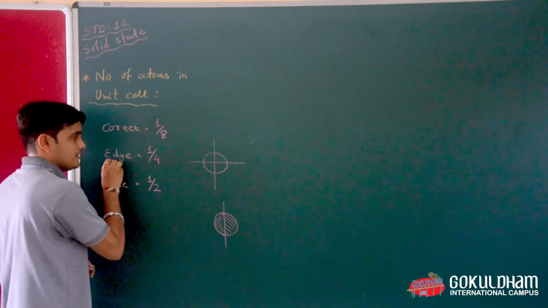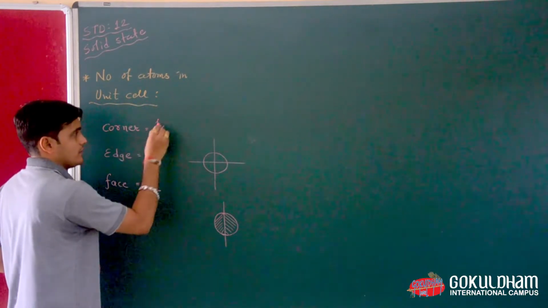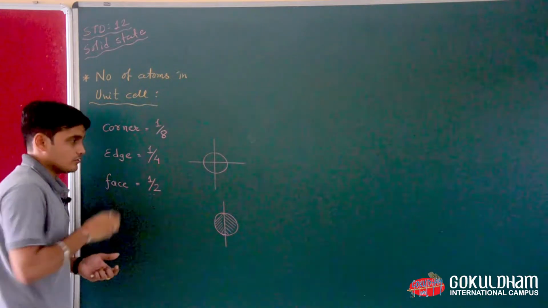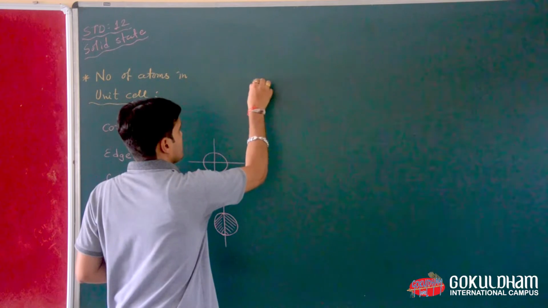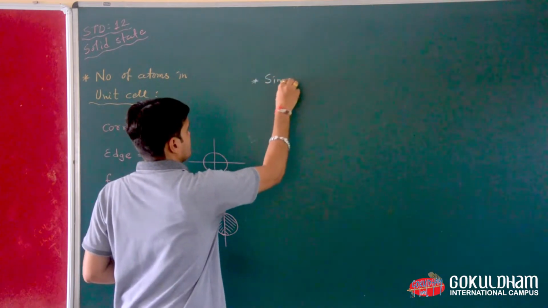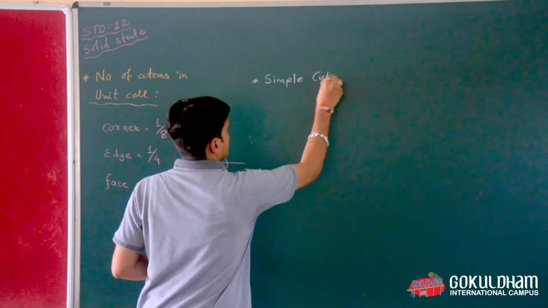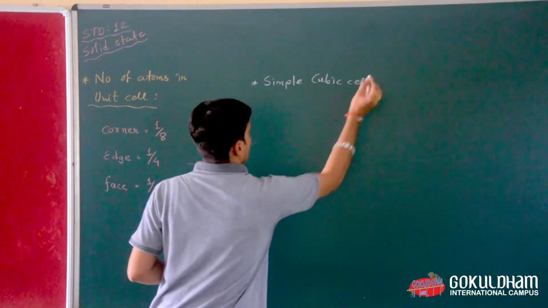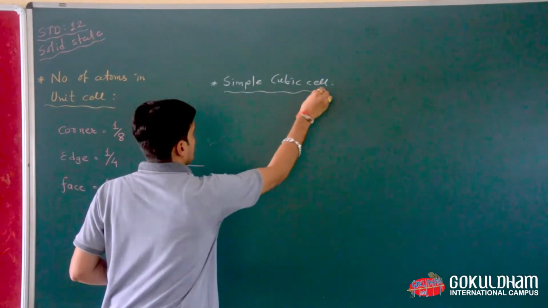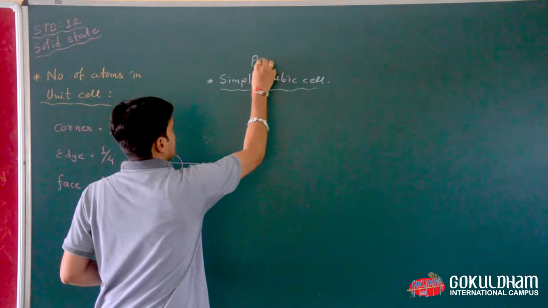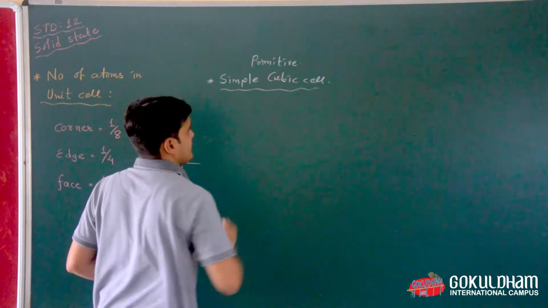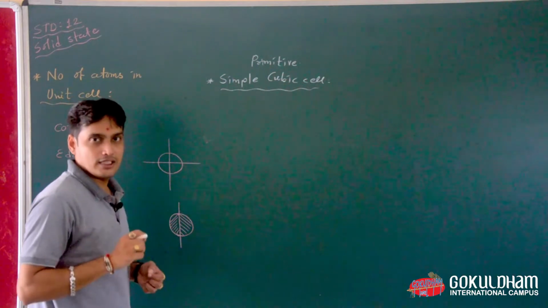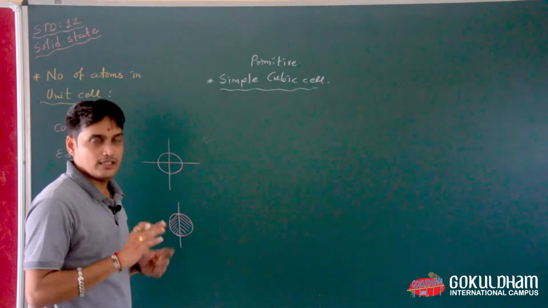When the edge, 1 by 4 and corner is 1 by 8. So our first calculation is based on the simple cubic cell. The definition of a simple cubic cell, or you can say primitive cell, is that an atom is present on every corner.